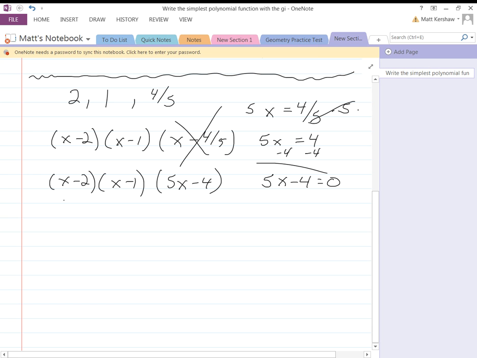So multiply these out. The x times the x, x times minus 1, -2 times x, and -2 times -1. So we get x squared minus 3x plus 2.